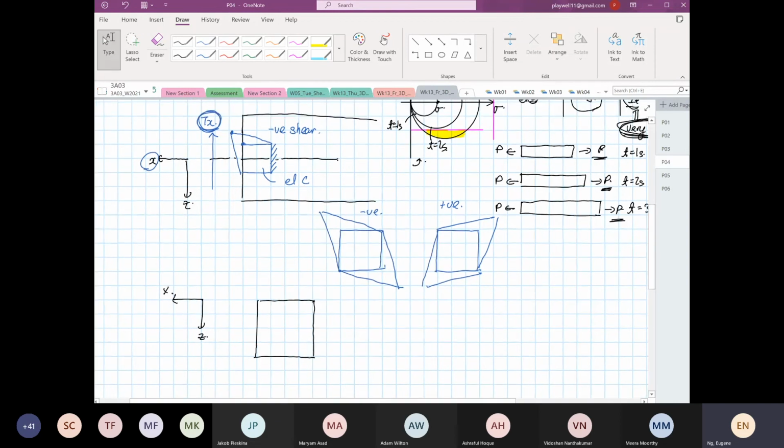So my stress in X will be in compression, and then my shear will be negative shear. So this will be my shear XZ is equal to shear ZX. Okay. So this is how our element will look during deformation. So you have both a compression and a what? And a shear.